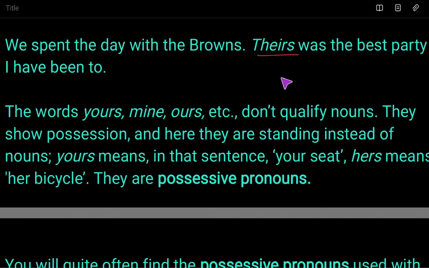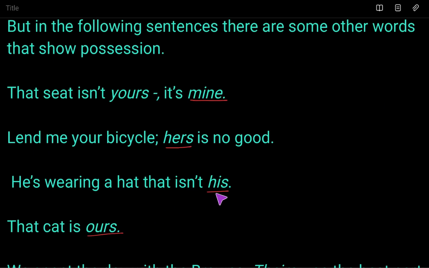Here theirs, ours, his, hers, mine, these words have for the first time fulfilled the quality of a pronoun, meaning they are used here in place of a noun, and they have shown the possession. That's why these are called possessive pronouns.